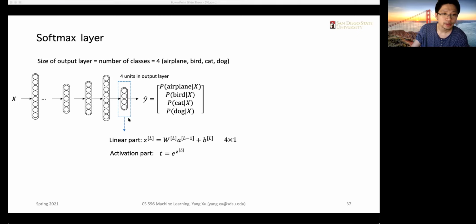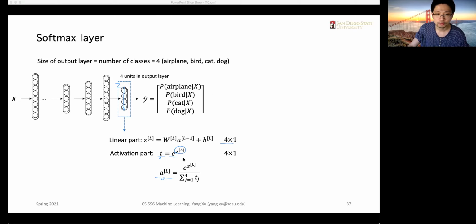Z is a 4x1 vector and T will be e raised to the power of ZL, so T is also a 4x1 vector. We will have T1 to T4, one for each unit. And then we compute the actual activation AL in such a way.